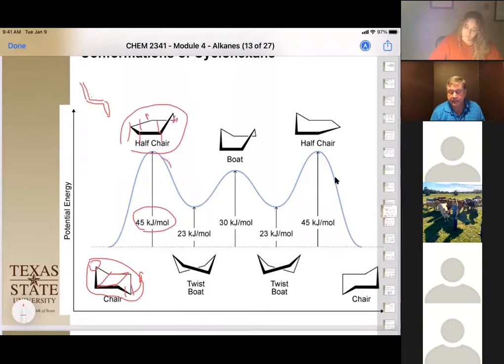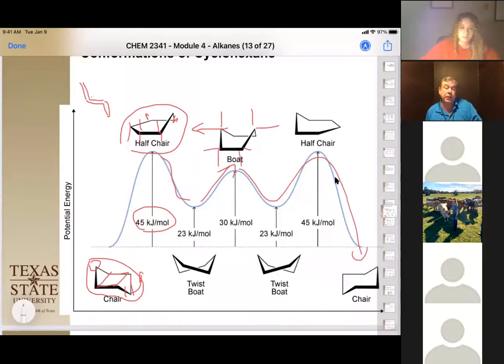That cascades down into a twist boat where we only have half as many eclipsed hydrogens until we get to the boat. In the boat, we have hydrogens that are sticking up, hydrogens that are sticking out here, and we have some eclipsed hydrogens over here. So it's higher in energy than our chair, but it's still one of those configurations we'll be able to see. And then, of course, we keep flipping it over and we get all the way back to the opposite chair.